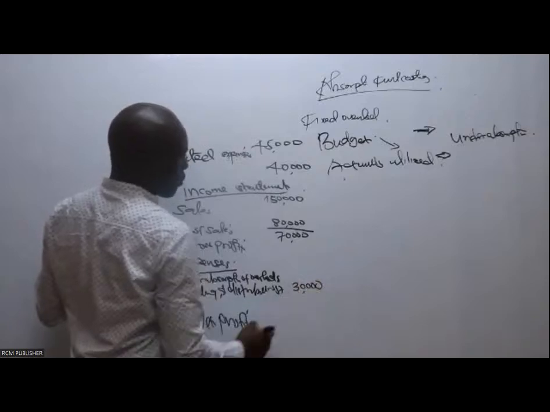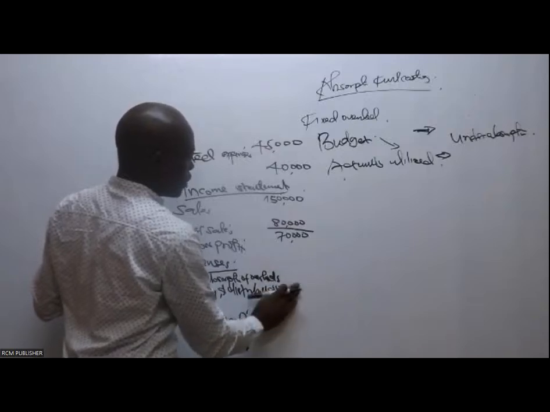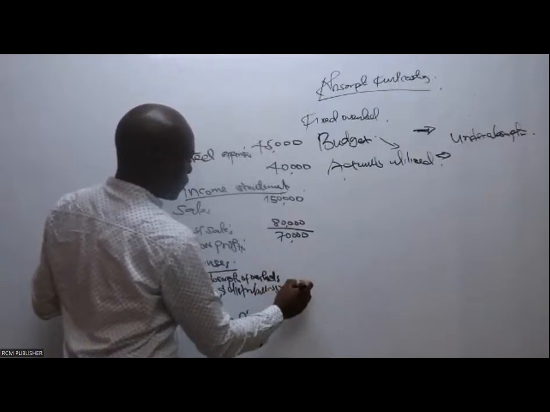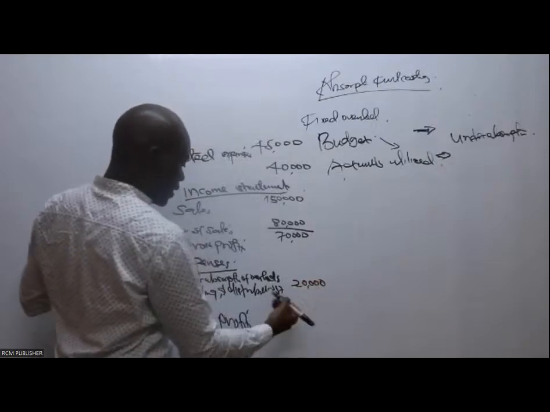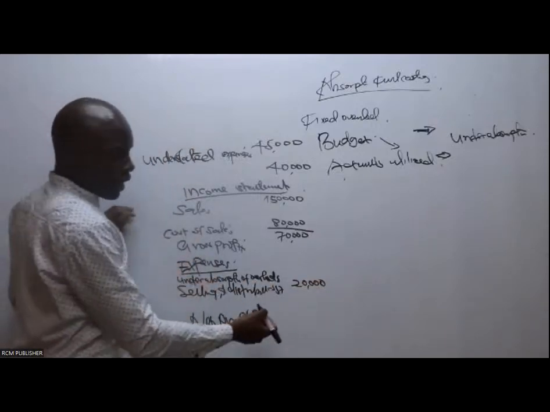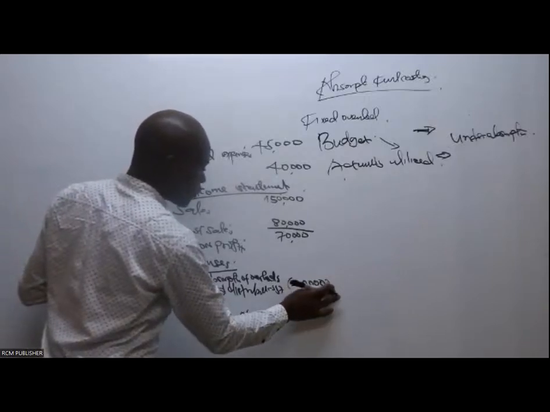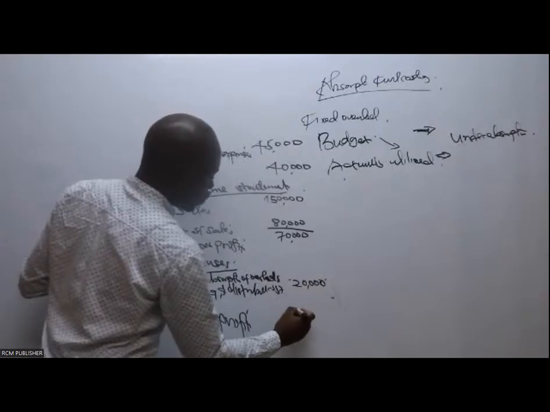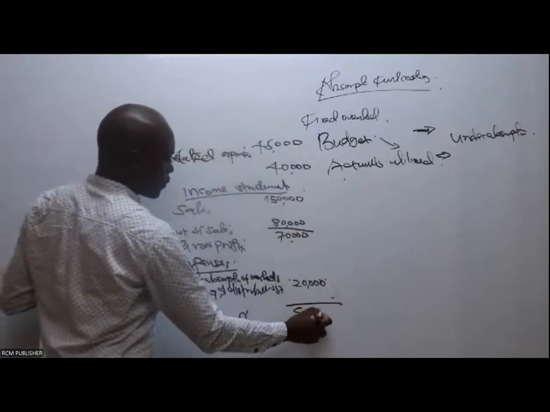I don't want to use a figure that will take me to 40, so let me use 20,000. Yes, I have 20,000 here as an expense. So when I come down here, my net profit automatically becomes 50,000.